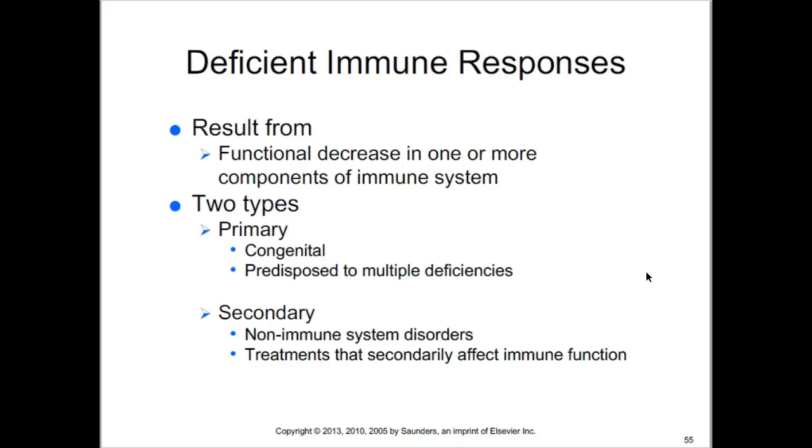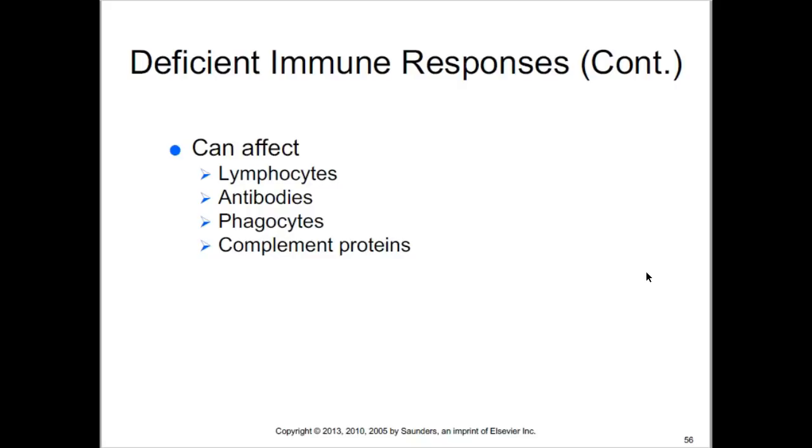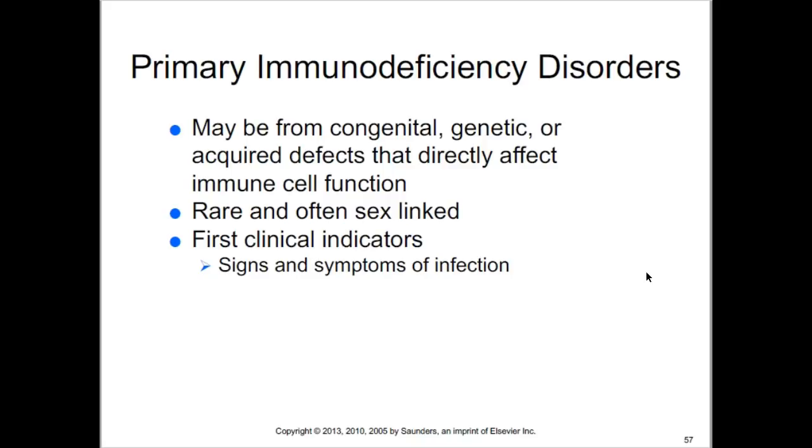Basically, two types: either congenital, and remember, congenital means you're born with it, which is primary, and some of them are secondary, where they're non-immune system disorders. And so some sort of treatment might affect immune function, right? So deficient immune responses can affect all of your complement proteins, your lymphocytes, your antibodies, and so on.